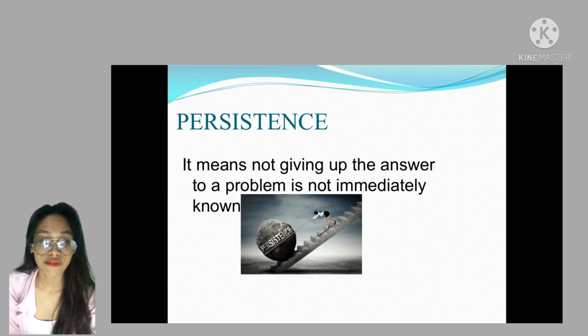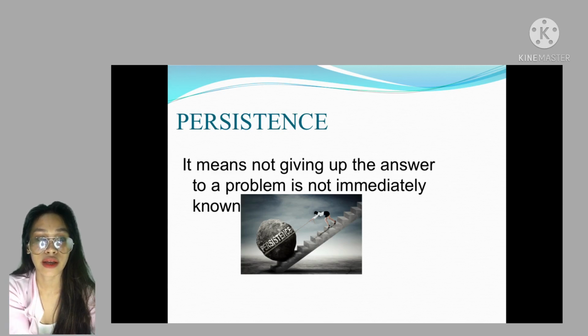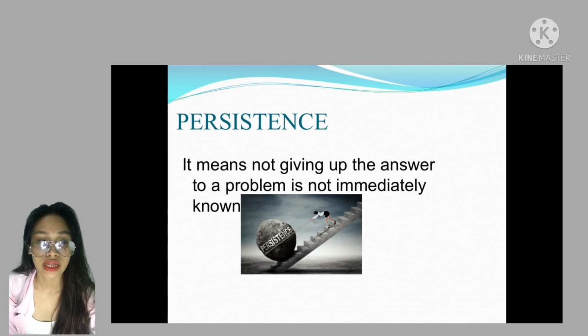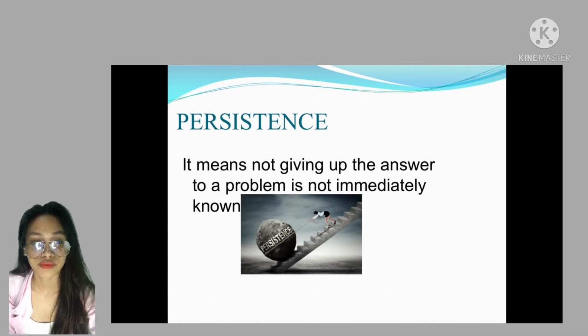Persistence refers to perseverance in spite of fatigue or frustration. An example of persistence is when you try to learn a new skill, never giving up. The act of persisting stubbornly or enduring continuously.